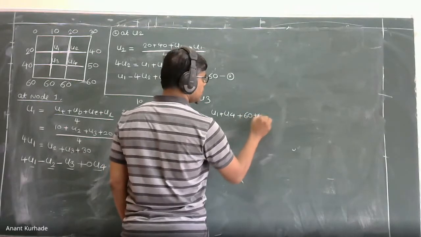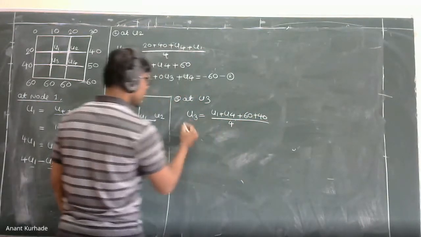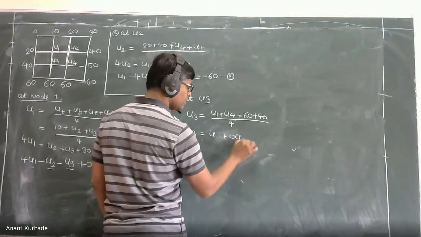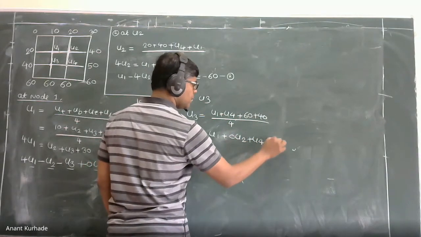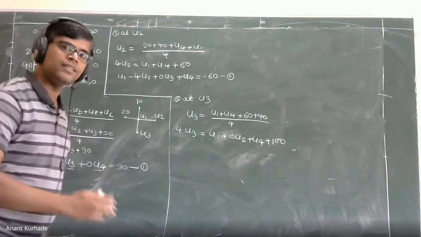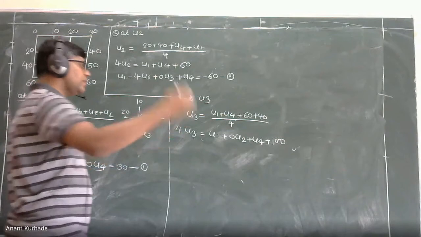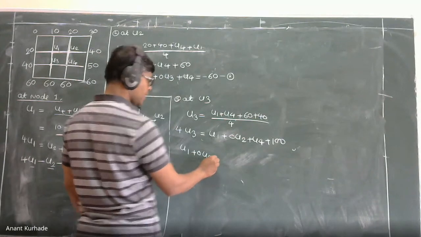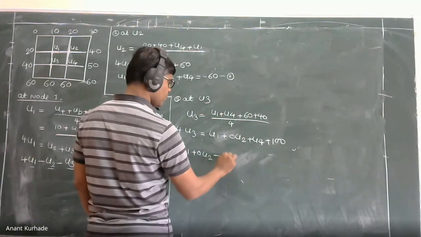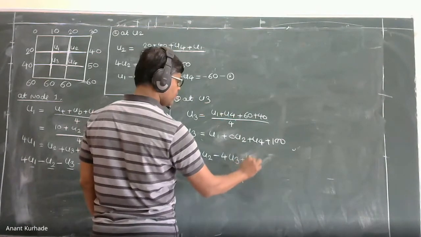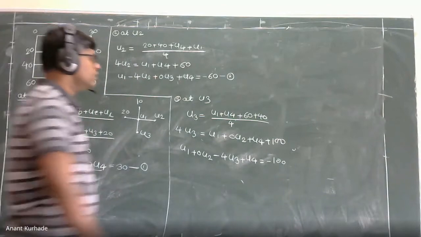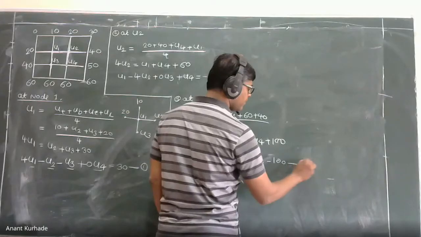So 4U3 is equal to U1 plus U2 plus U4 plus the constants. U2 is missing, so we add it with coefficient 0. In sequence: U1 plus 0U2 minus 4U3 plus U4 is equal to minus the constant. Is it correct? Yes, sir. Equation number 3.